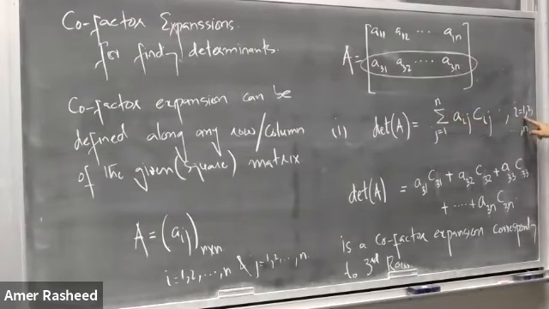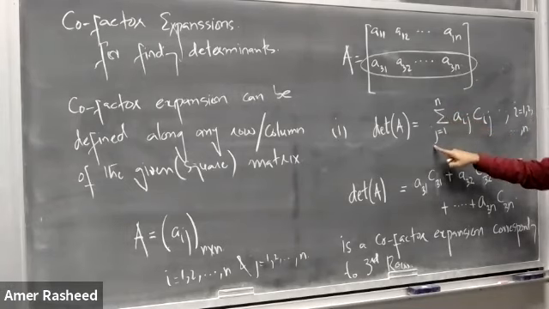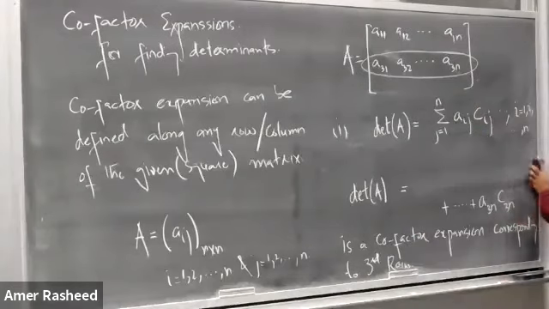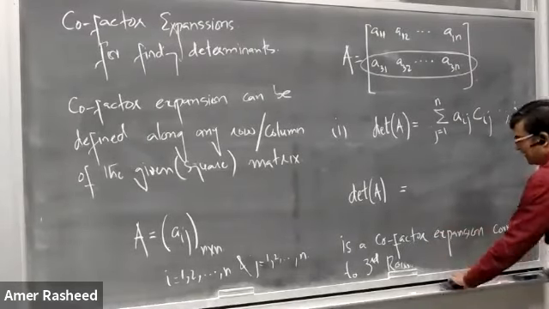You can choose any value of I, either 1, 2, 3 or any value of I. Value of I will be fixed. What is varying? Only J. J is from 1 to n. So in general, the cofactor expansion along any row would be defined in this way.